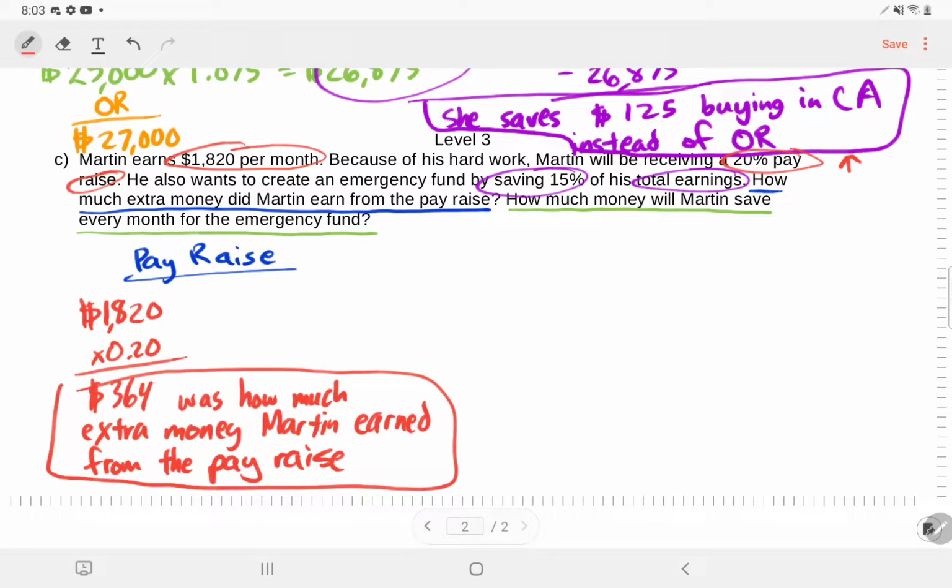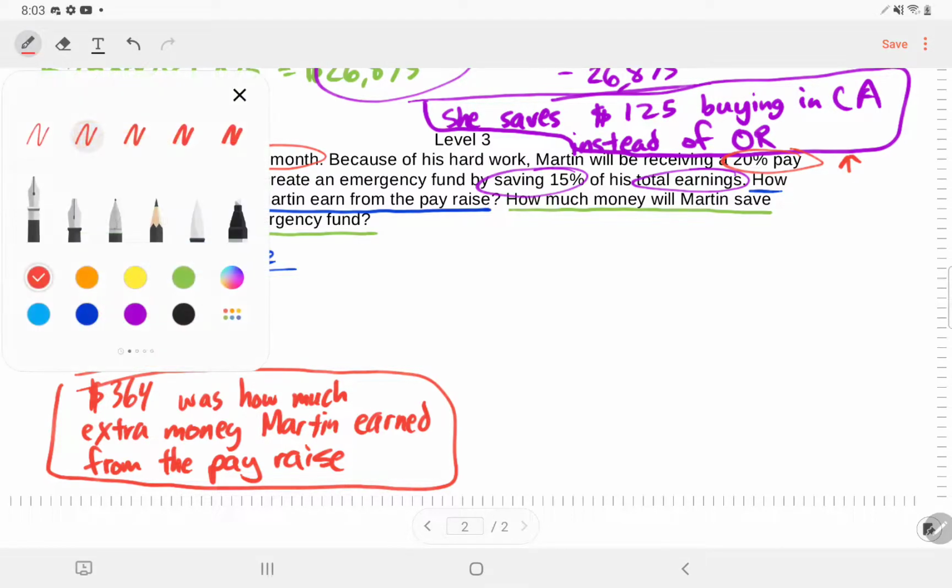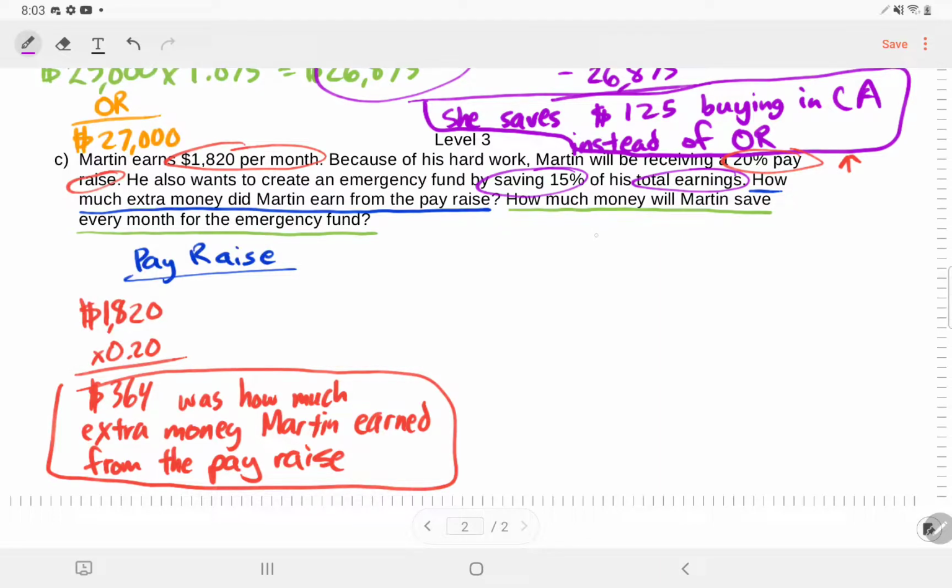Okay. How much money will Martin save every month for the emergency fund? So if we are now trying to calculate the emergency fund, we know that the emergency fund is created by saving 15% of the total earnings. So we need to find the total earnings.